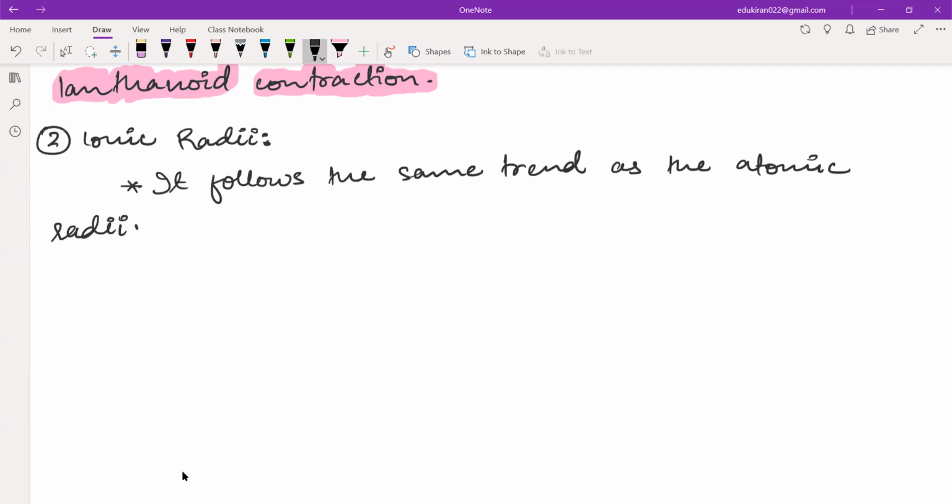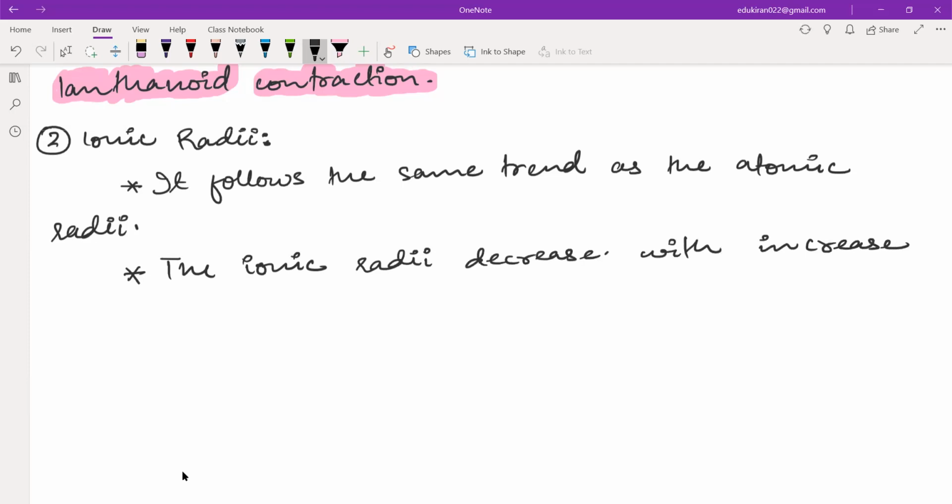But what about if I have different types of ions? Some ions may be +1, +2, +3. So you can write like this: the ionic radii will decrease with increase in oxidation state.